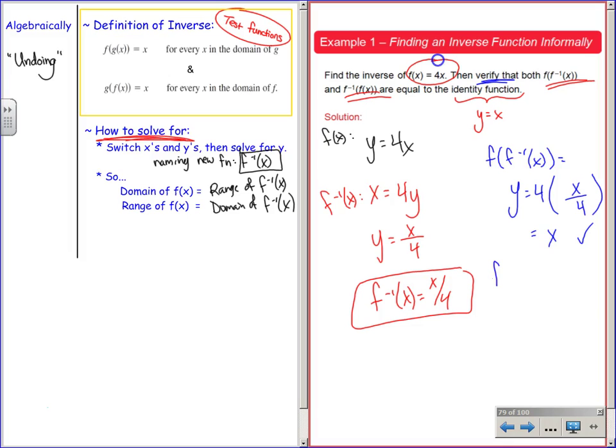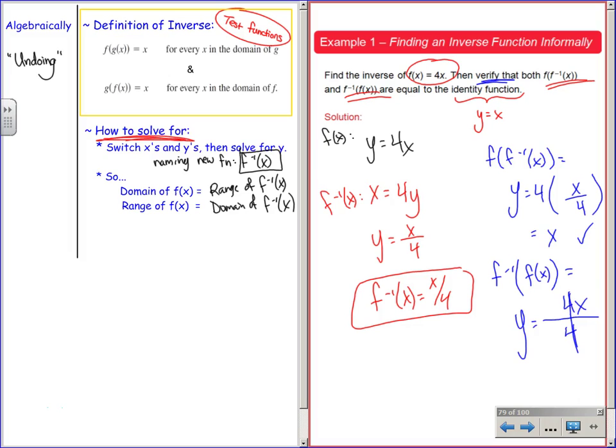Okay, well, what happens if you go the other way? So f inverse is the undoing of f, but is f the undoing of f inverse? Well, plug into the y of the inverse. And what goes into the input spot of him? A true inverse function is the undoing of the original, and the original is the undoing of him.